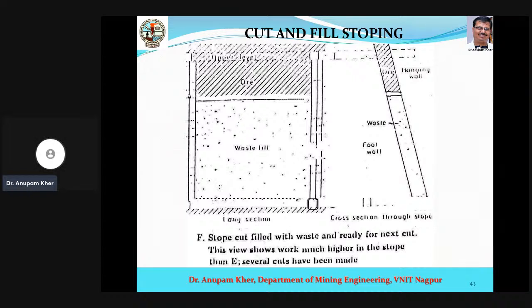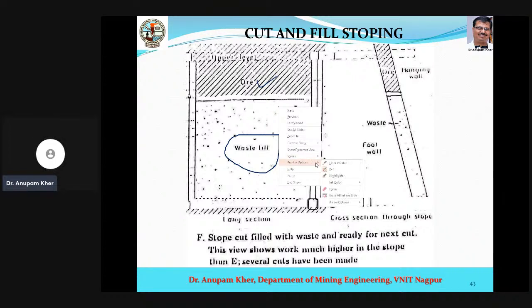And how will this additional cost be covered? That means your ore grade should be quite higher than in the other methods we have seen. If the ore grade is not high enough, then it will not cover the cost of waste fill. This is an additional cost which is going to increase your operating expenditure, and it has to be covered by a good price of the ore.